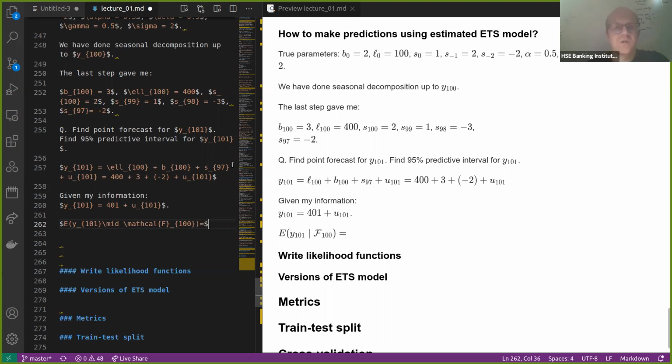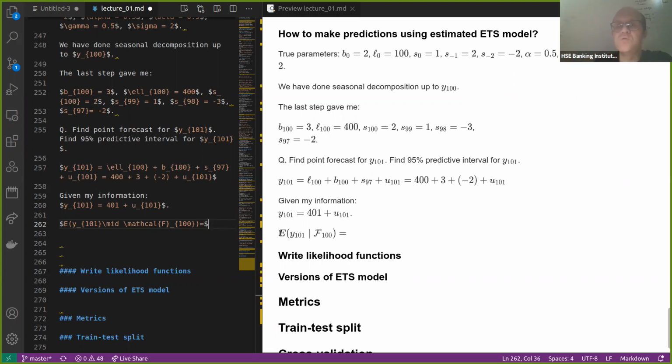So this notation, expected value of Y101 vertical bar calligraphic F100, means the expected value of the future value of Y given all my available information.